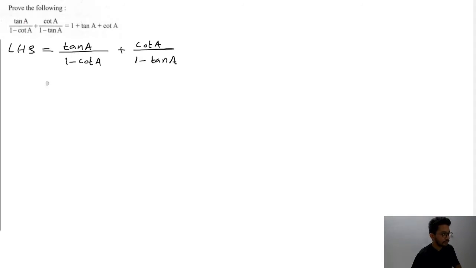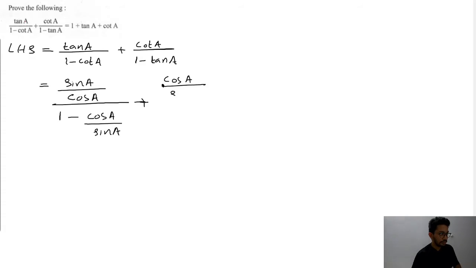So we can write tan A as sine A divided by cos A, whole divided by 1 minus cot A, which is cos A divided by sine A, plus cot A as cos A divided by sine A, whole divided by 1 minus sine A divided by cos A.